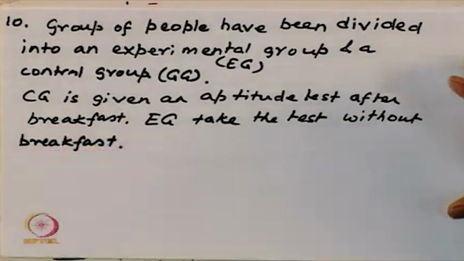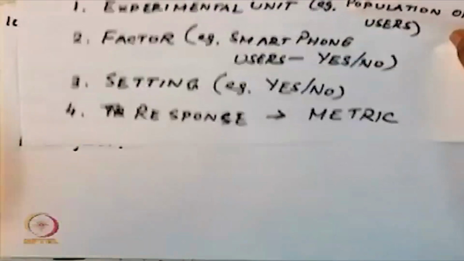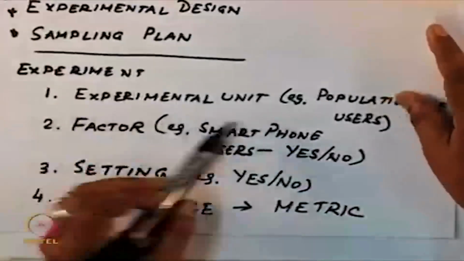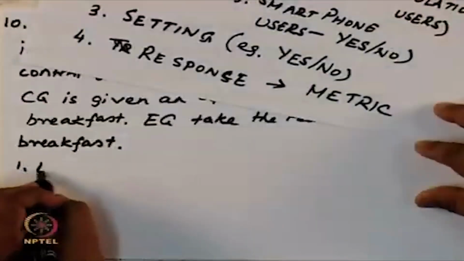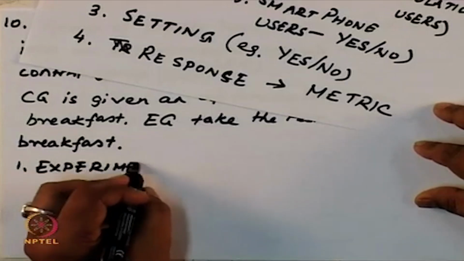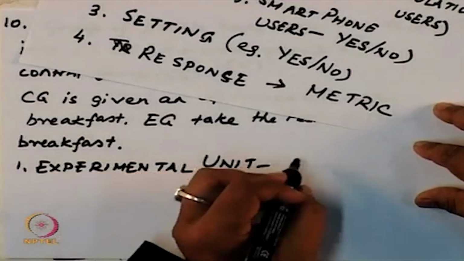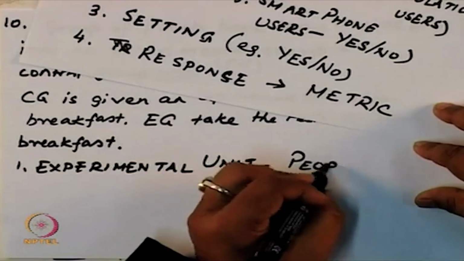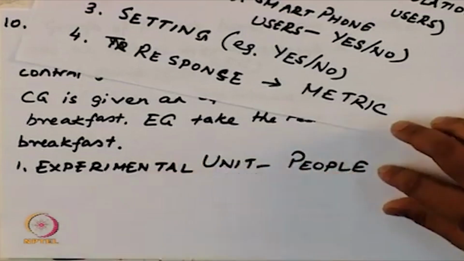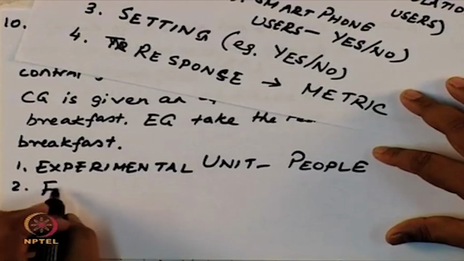Let us identify each of the things that we said. What is my experimental unit? In this case it is just people, the people taking the test, both the experimental and the control group. What is the factor?